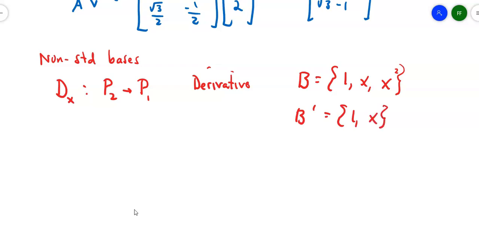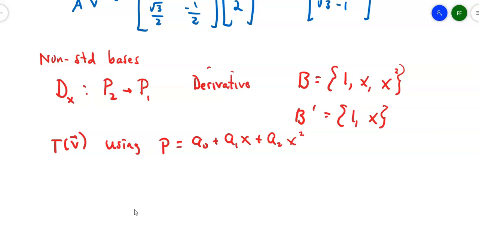So I need to find each transformation for the original basis using this polynomial. So I want to find T of v using p equals a sub 0 plus a sub 1 x plus a sub 2 x squared.